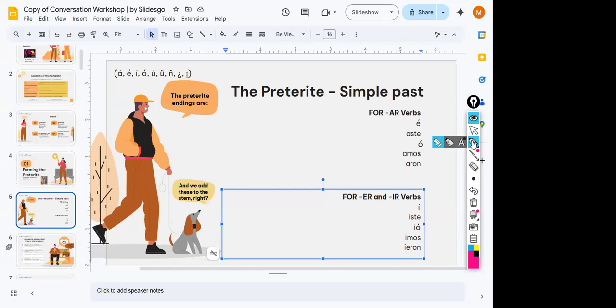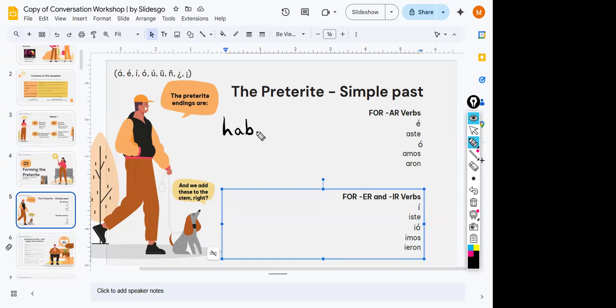How do we get the stem? Come on guys, think, how do we get the stem for the preterite tense? This is one of the easy ones.